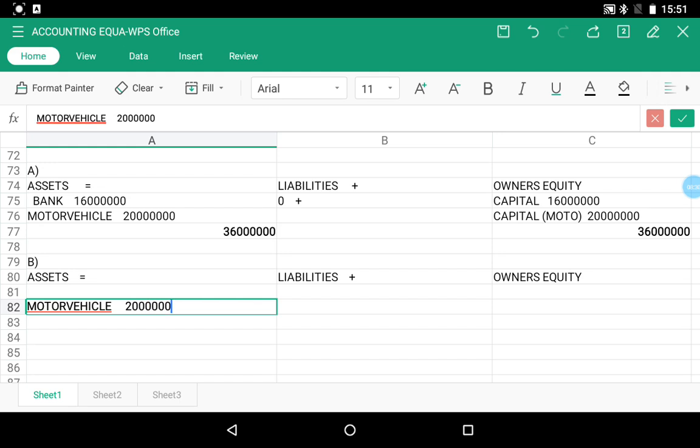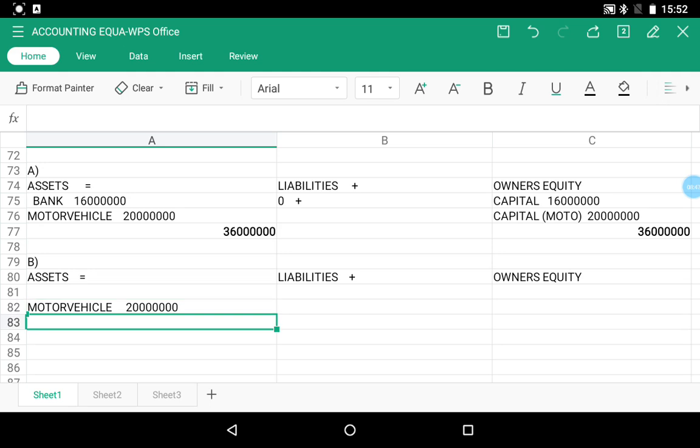Yes, we are repeating the first thing from part A. Remember, in the accounting equation each transaction is connected to the previous one. So our motor vehicle is 20 million. Then when you come here to bank, they said he used part of the amount in bank to buy iron sheets.